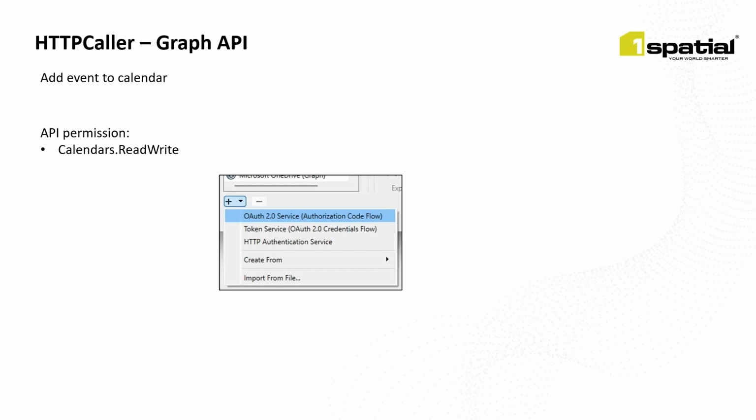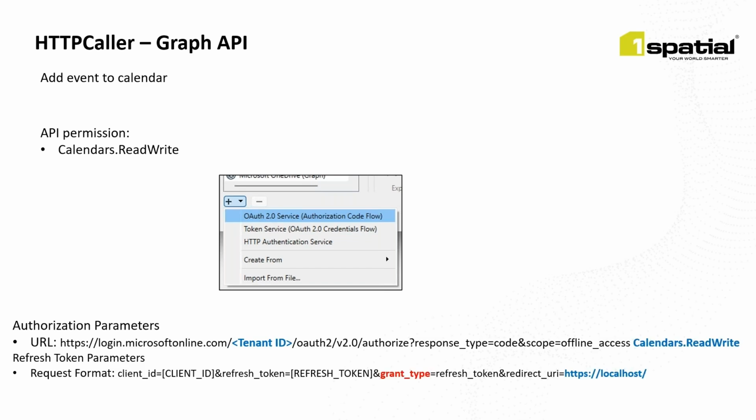When the app registration is done, you can register the web service from scratch. It will show the same dialog as in the case of the OneDrive web service. The difference is that it uses the calendar.readWrite as scope.